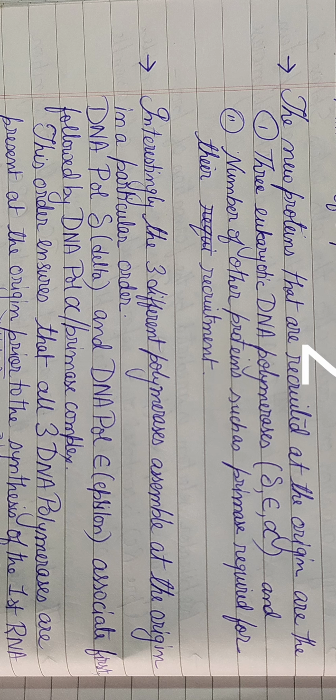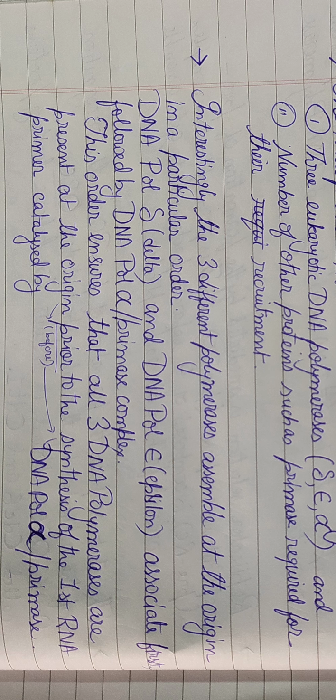The three different polymerases get assembled at the origin in a particular manner. DNA polymerase delta and DNA polymerase epsilon associate first, then it is followed by DNA polymerase alpha and primase complex, because polymerase alpha associates with primase to form that complex.